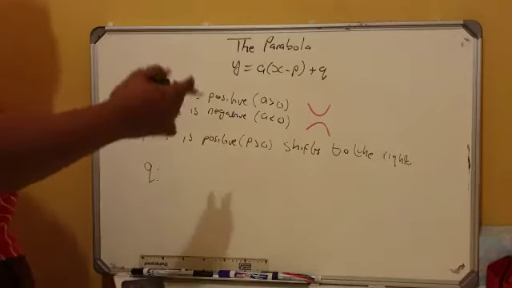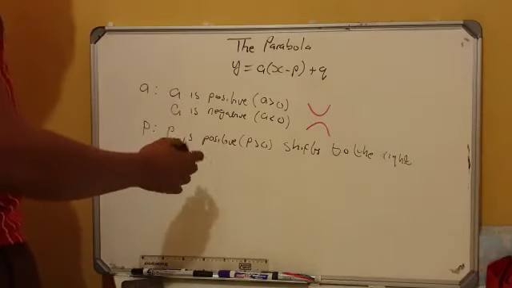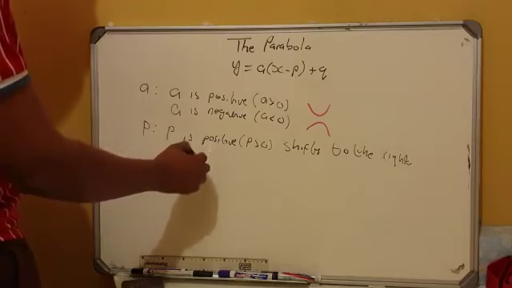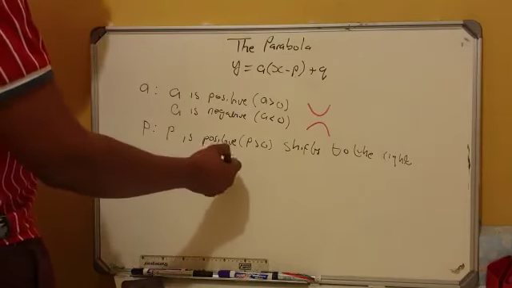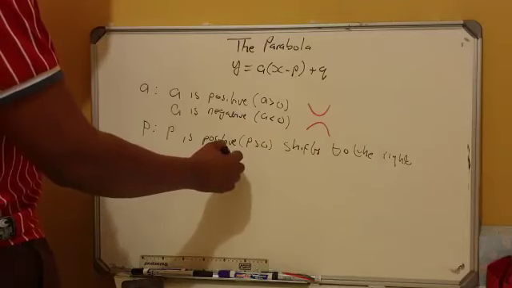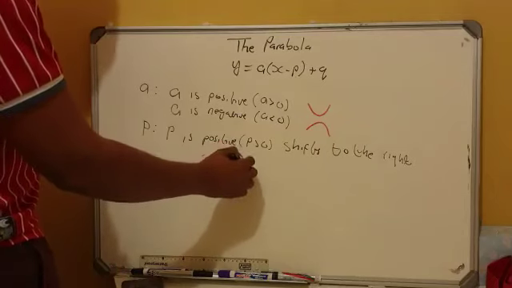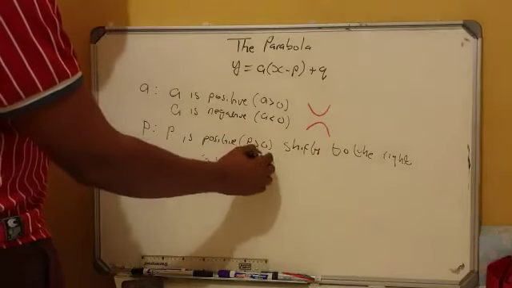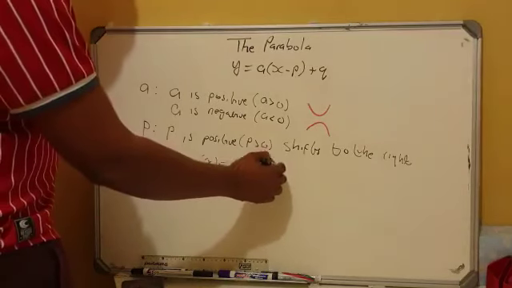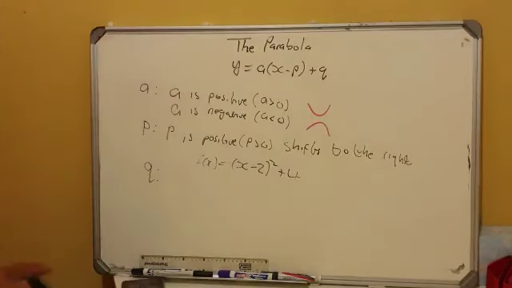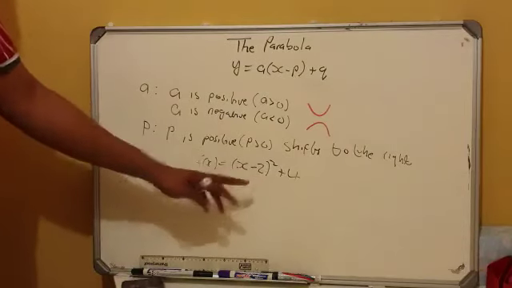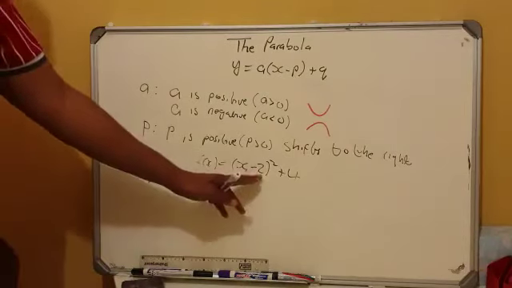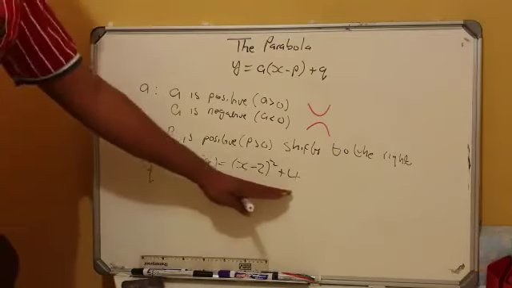Okay, let's say, for example, I've got this graph, f of x is equal to, maybe let's say, x minus 2 squared plus 4, right? So I want to discuss p. When you check here, is p positive or negative on this equation?